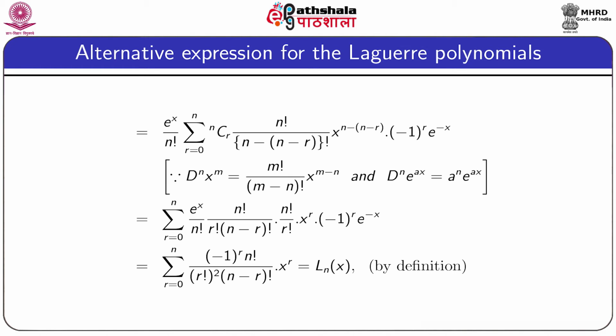Now, we will be using the formula that the nth derivative of x^m, where m should be greater than n, is equal to m factorial divided by (m-n) factorial x^(m-n), and the nth derivative of e^(ax) is equal to a^n e^(ax).